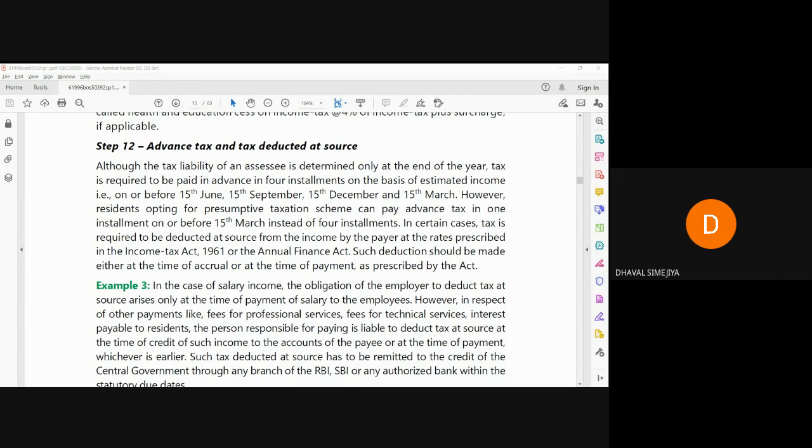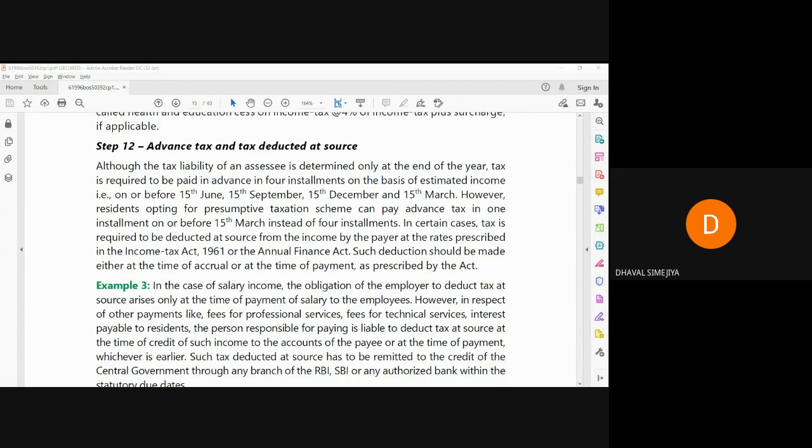after completion of 1 year, you will file your return after completion of your previous year. So it is not feasible for me. Why? Because you are using my money. You know that you are supposed to pay a lump sum of 1 lakh to 1,10,000.